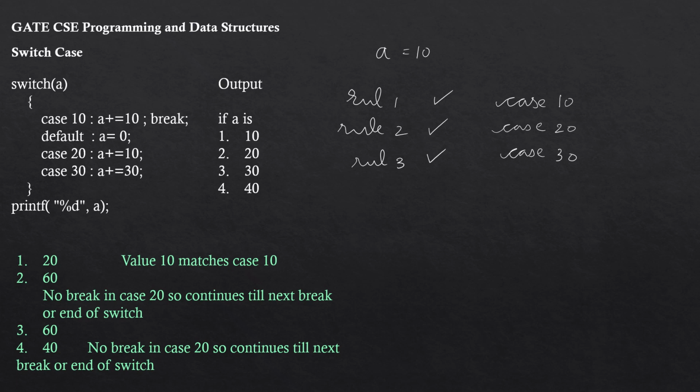We give different rules: if the value is this, do this; if the value is this, do the next. So with one value itself, we are able to test against multiple rules and get different results based on that value.